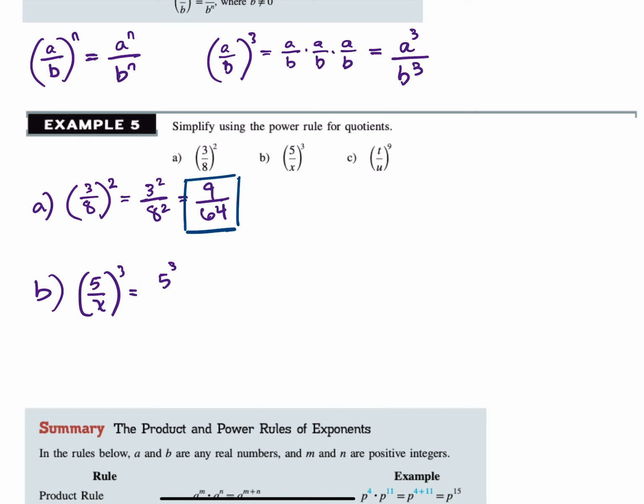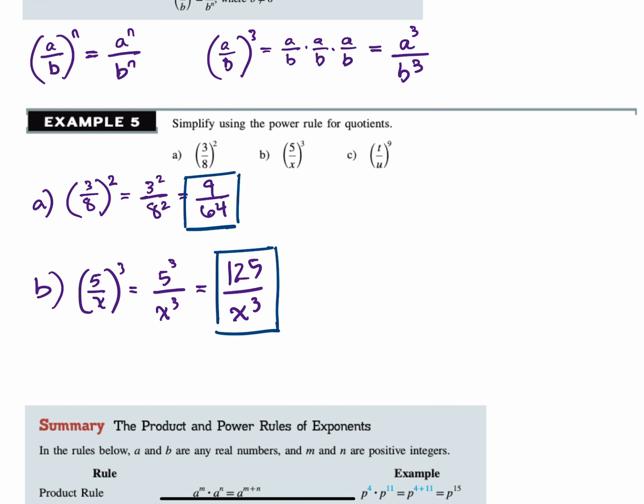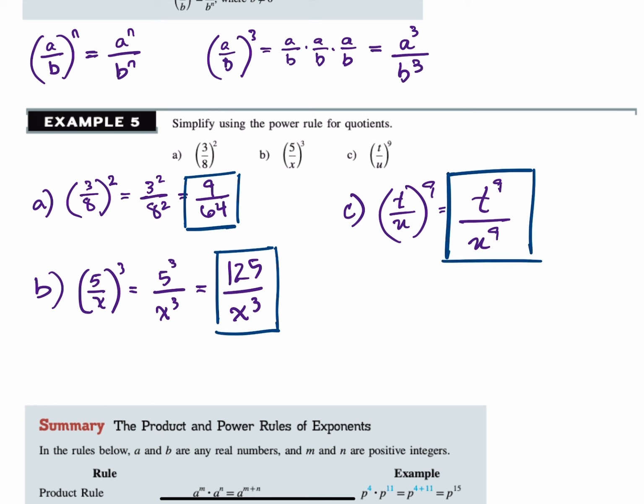This will be 5 cubed over x cubed. 5 cubed is 125. So 125 over x cubed. And then part C, we have t over u to the 9th power. Well, that'll just be written as t to the 9th over u to the 9th. Not too bad.